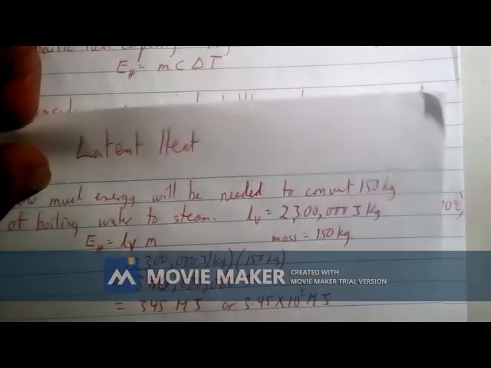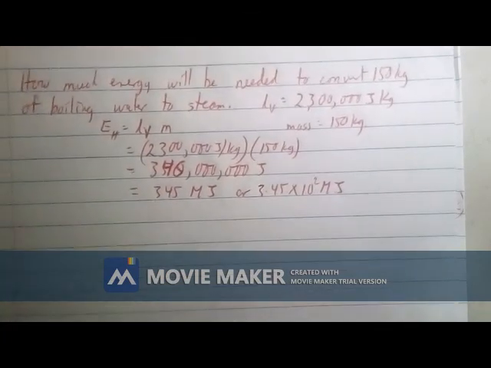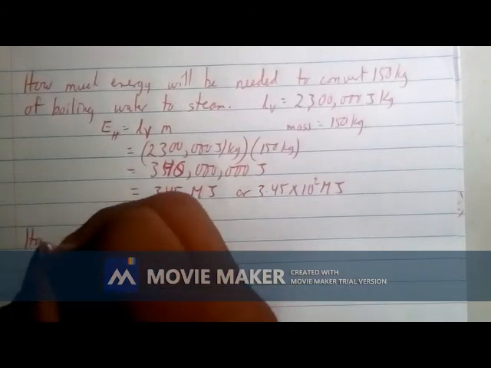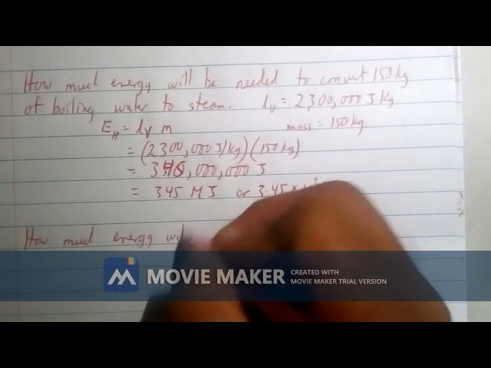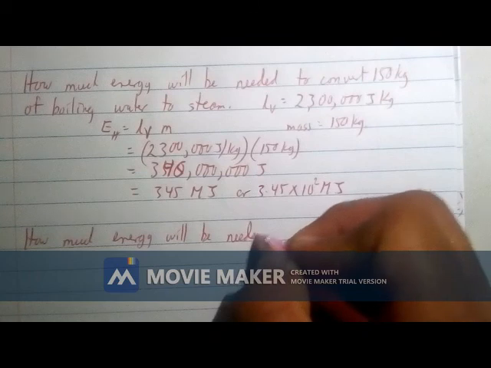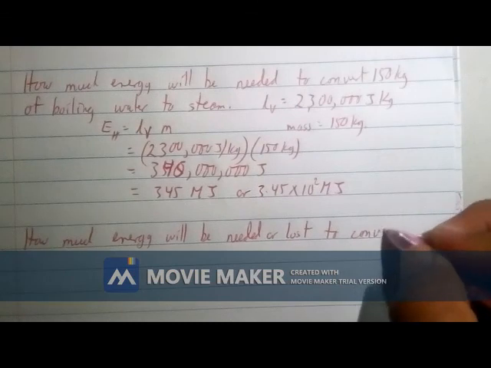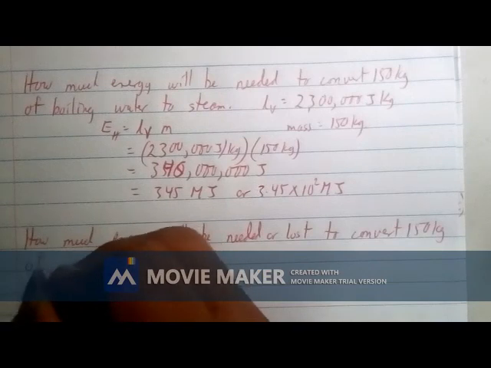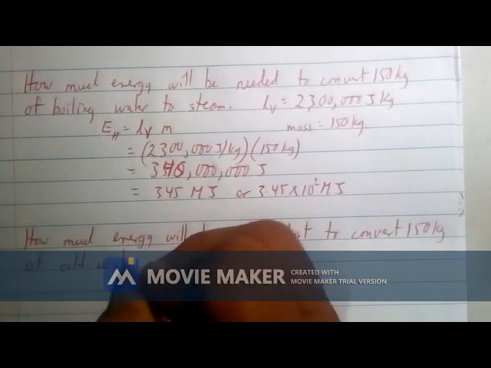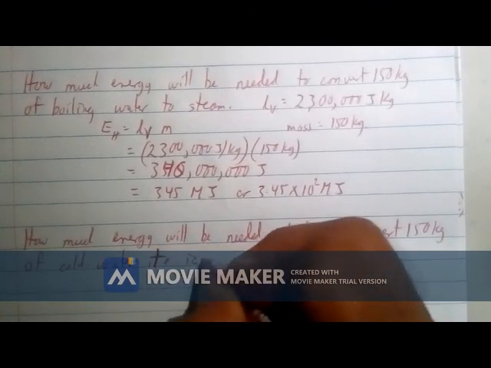Now consider the energy for ice to become water, or water to become ice. This is very unique, and I want you to pay keen attention to this piece here, as this kind of question always comes up in your CXC. How much energy will be needed or lost to convert 150 kilograms of cold water to ice?